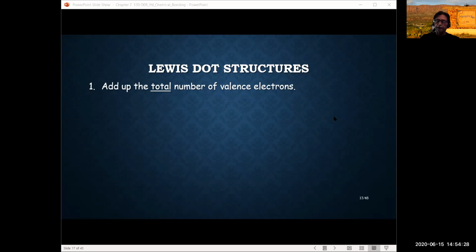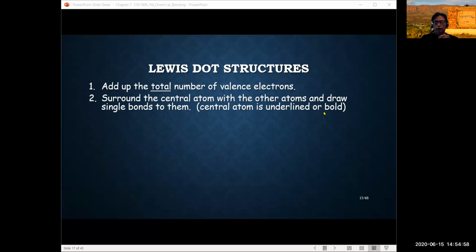You'll be given the formula, and you'll also be told which is the central atom, which will be in the middle, and whatever is bonded around it will simply go around the central atom. Normally the central atom will be underlined or in bold, or you'll be told that the so-and-so atom is the central atom. Once we identify the central atom, we can place all the other atoms around it and draw single bonds to them.